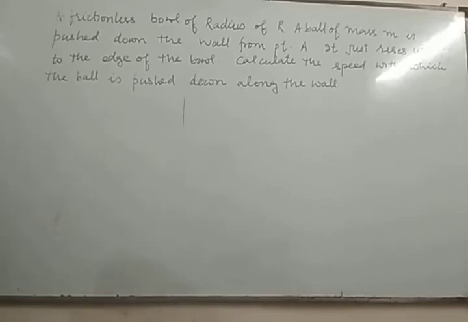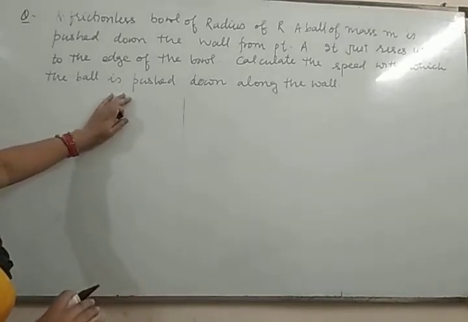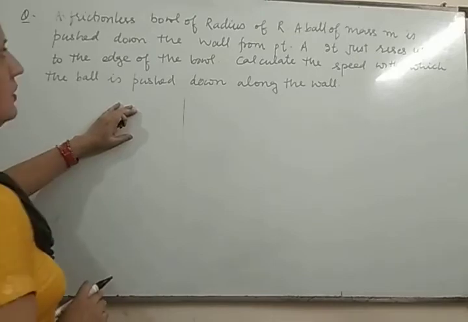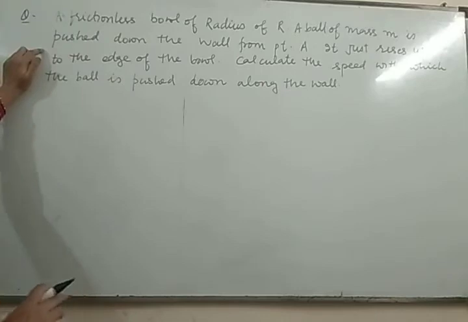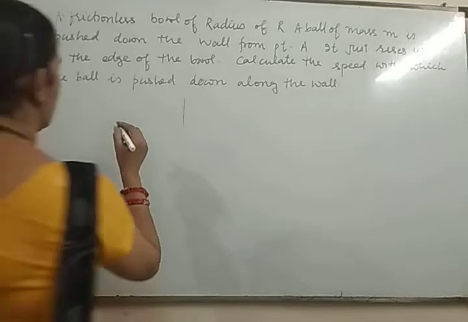Let us do one numerical on the basis of potential energy. The question is, a frictionless ball of radius capital R is kept there. A ball of mass m is pushed down the wall from point A. It just rises up to the edge B of the ball. Then calculate the speed with which the ball is pushed down along the wall.